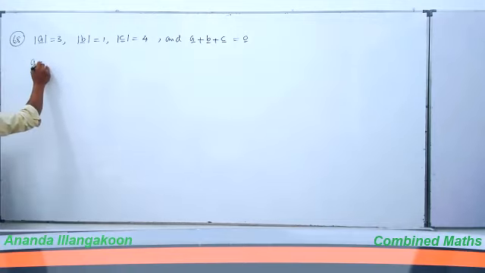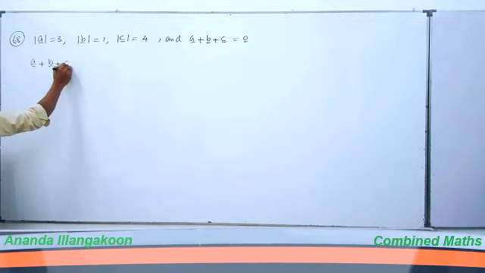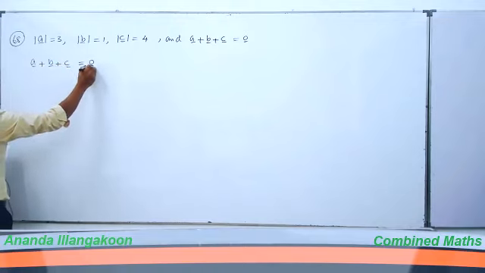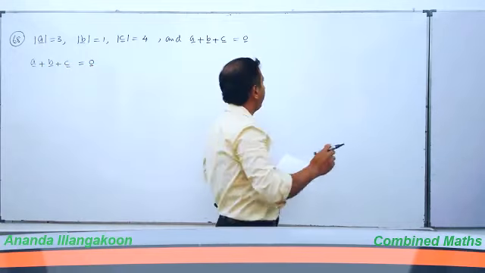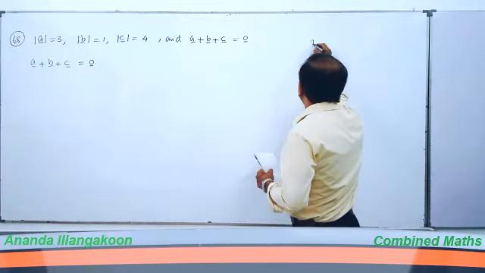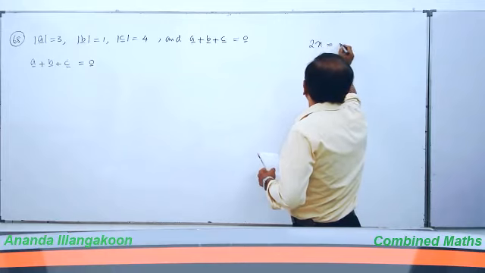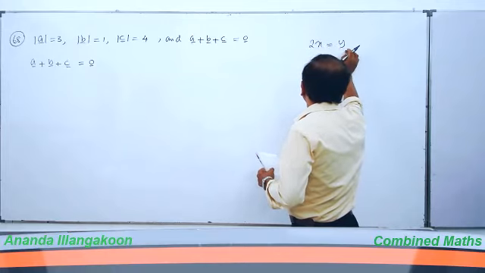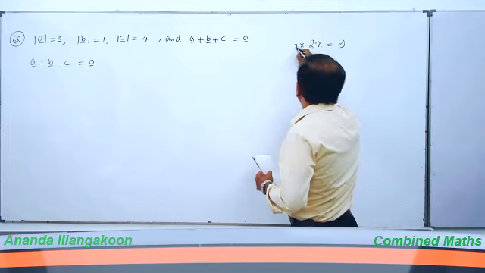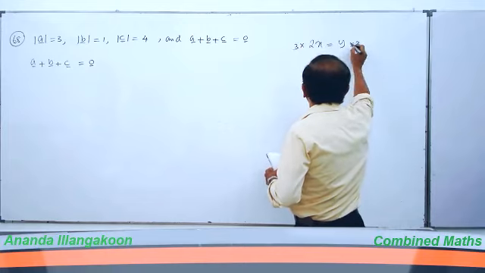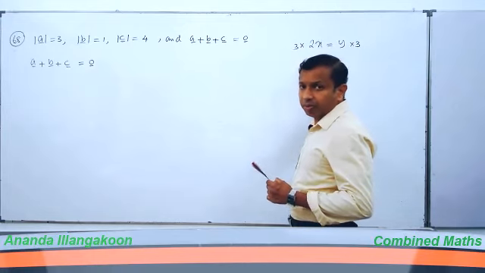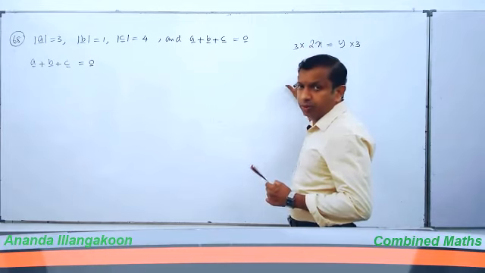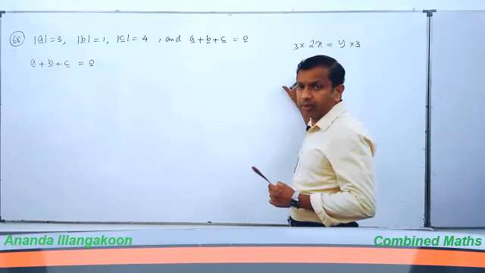To get this answer, this is what we do, people. I take this A plus B plus C is equal to 0 vector. People, you know, when we have an equation this way, both sides we can multiply by the same number. The left and right, even after multiplying, remain equal.